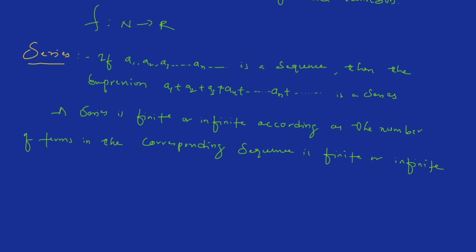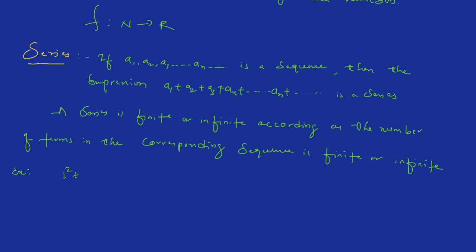What it says: a series is finite or infinite according as the number of terms in the corresponding sequence. How many terms are present in that sequence? Based on that we can say the series is finite or infinite, right? Let's see the example.